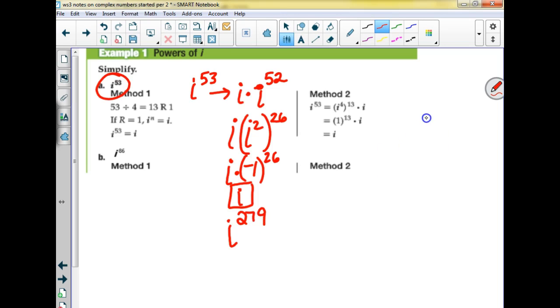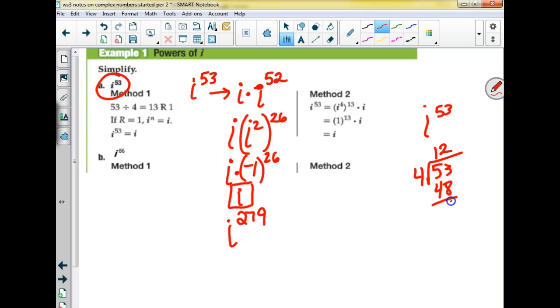The book would say we started with an I to the 53. Well, every 4 of those cancels out and goes away. If you divide 53 by 4, okay, you get 12 is 48. What's the remainder?